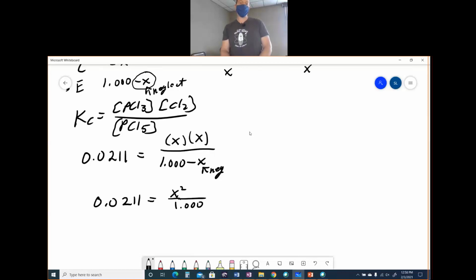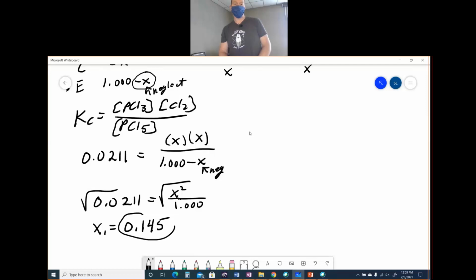So we simply have to take the square root to get our x1 value, which is 0.145. All right, so now we have to plug this in where it was neglected. So this number has to be plugged in right here. So plug it in.